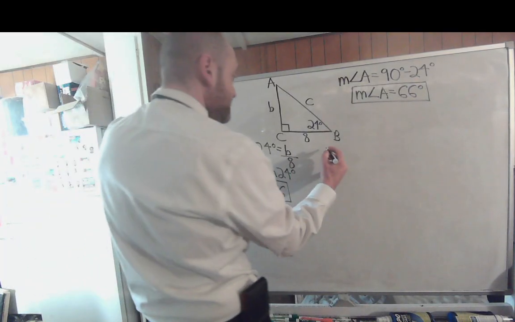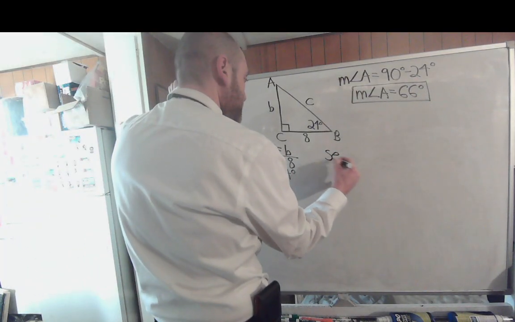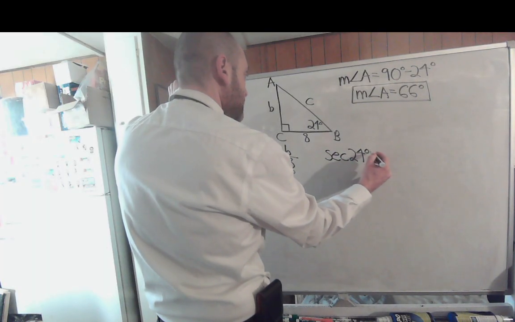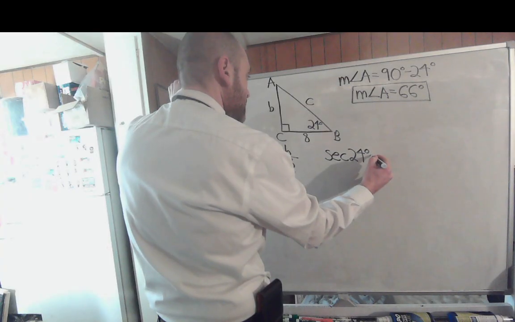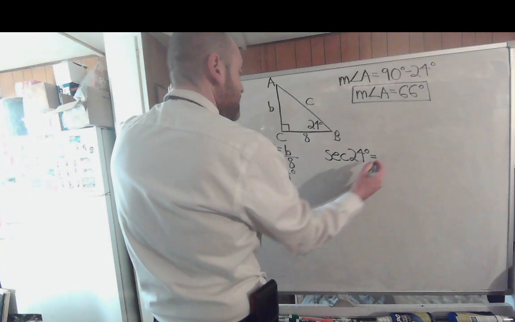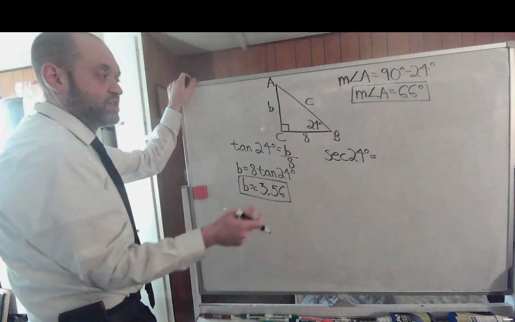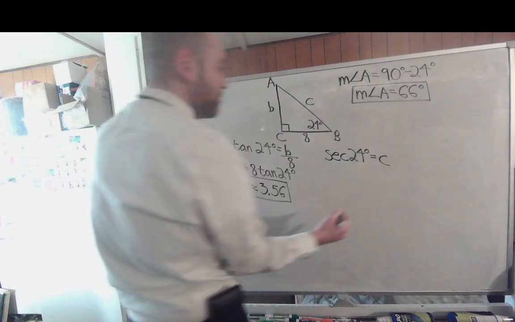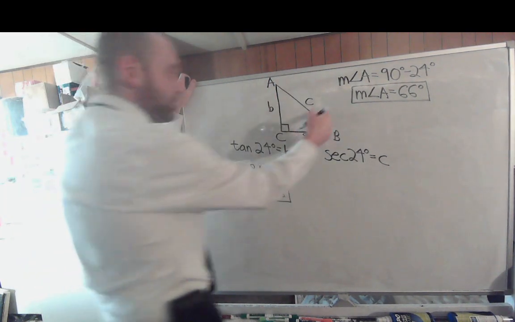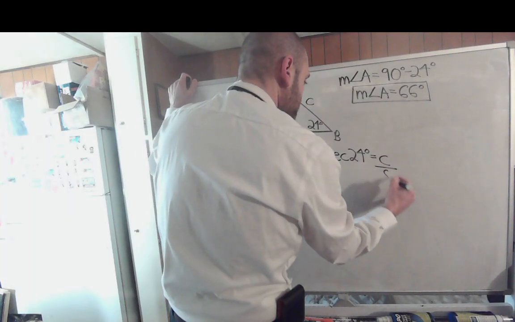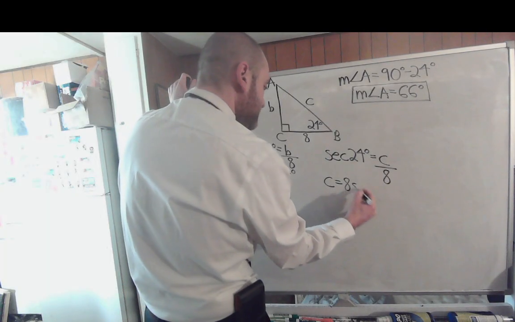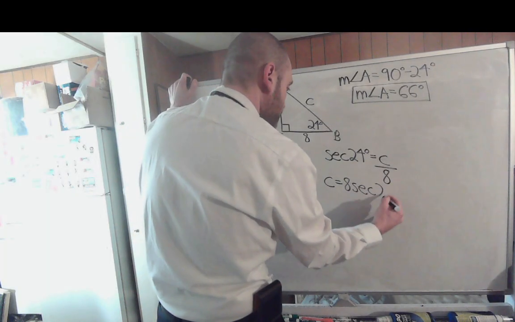That's the secant. So the secant of 24 degrees equals the hypotenuse over the adjacent, rather. Yeah, hypotenuse over adjacent, secant of 24 degrees equals C over 8, which means C is going to equal 8 times the secant of 24 degrees.